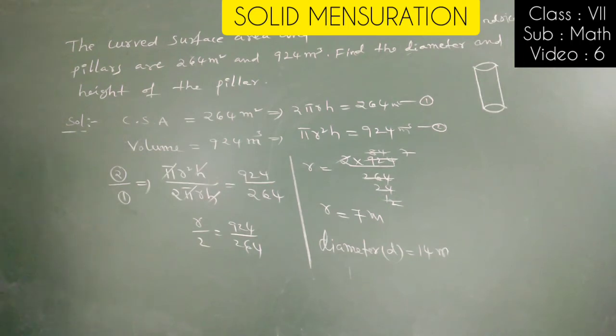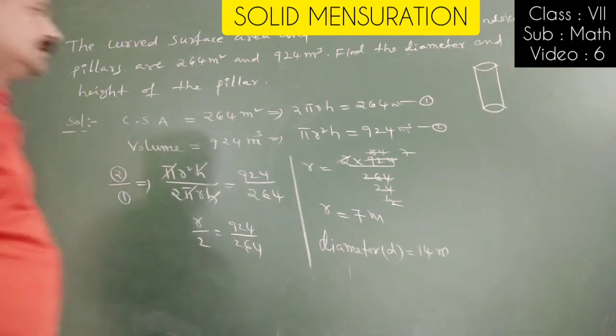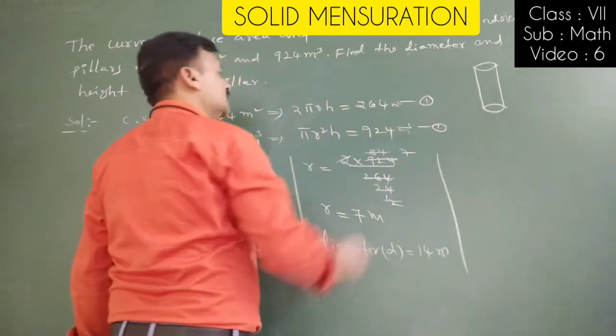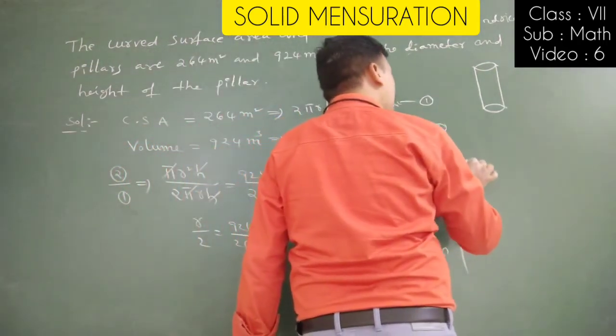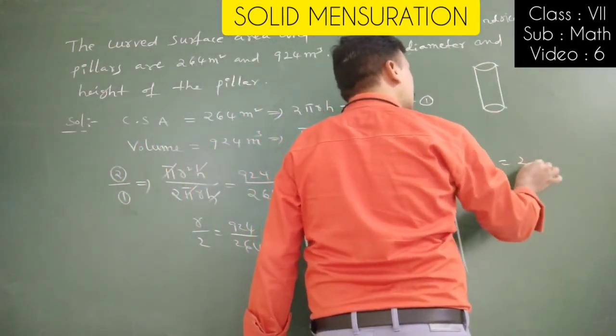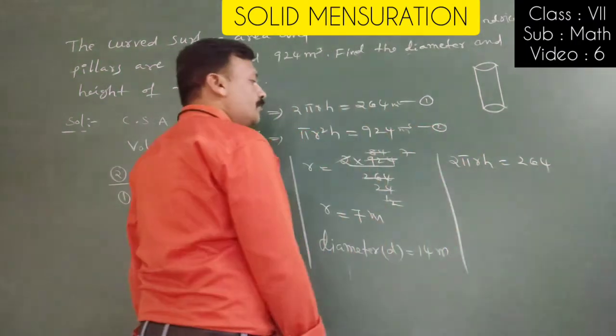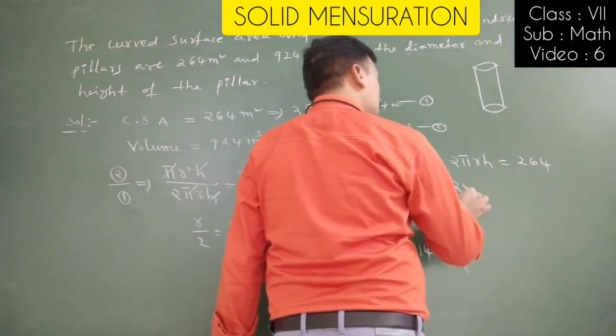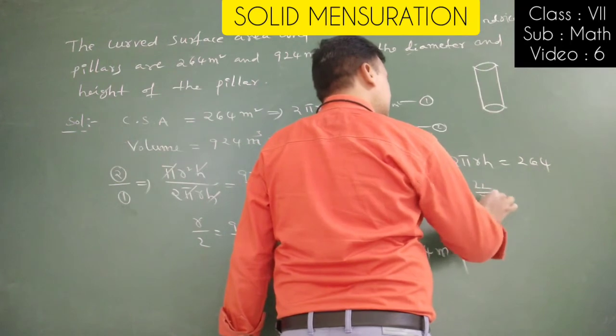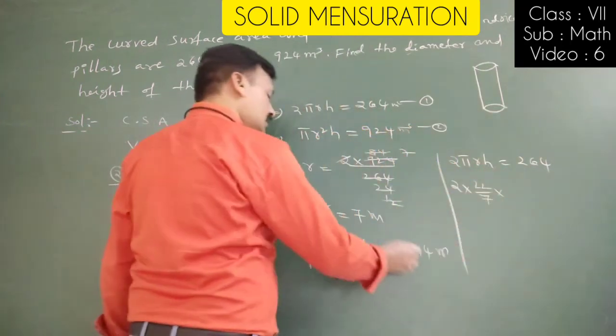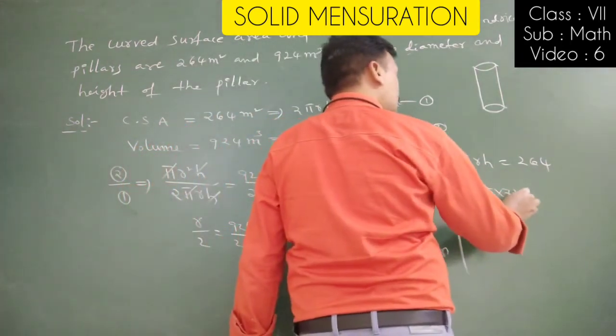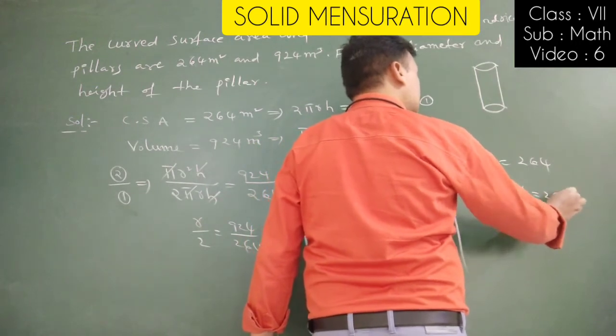Next we require height also. For finding height we require the first equation. So here 2 pi r h equal to 264. In this, 2 into pi means 22 by 7. Here r also we got, 7, into h equal to 264.